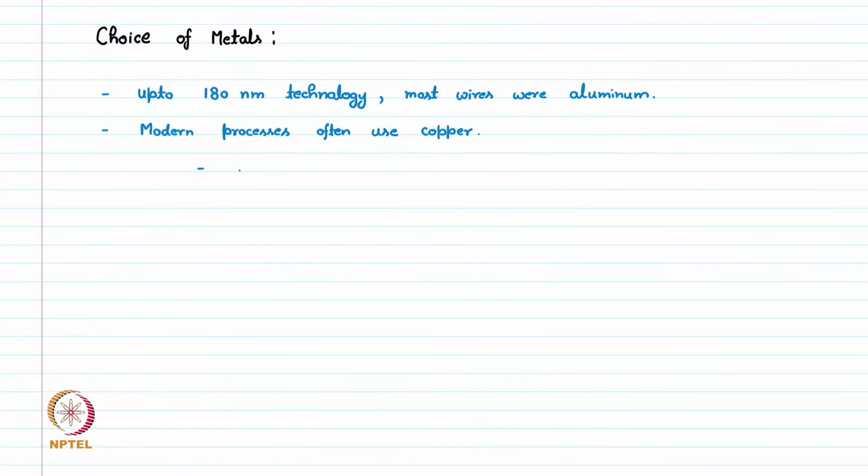The problem with copper is that the copper atoms actually diffuse into silicon and they can damage the actual transistor there. So these copper atoms diffuse into silicon and damage the transistor.